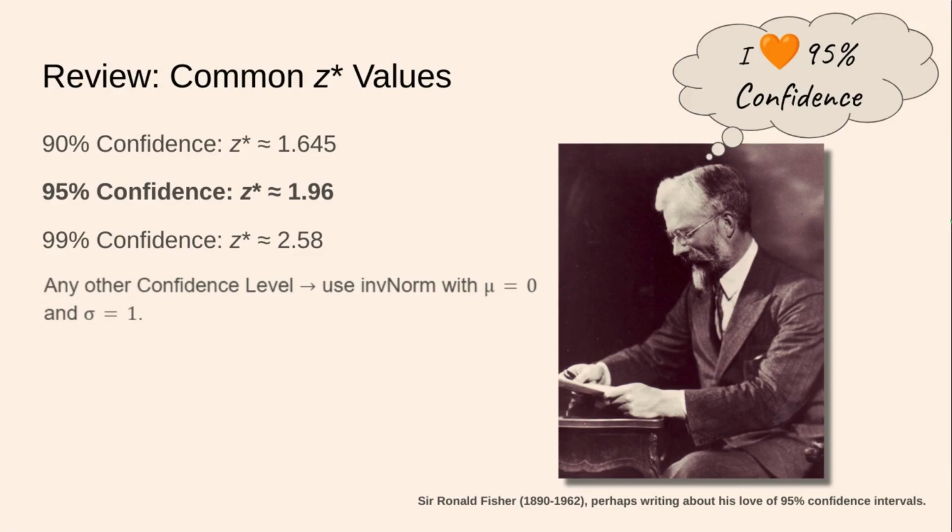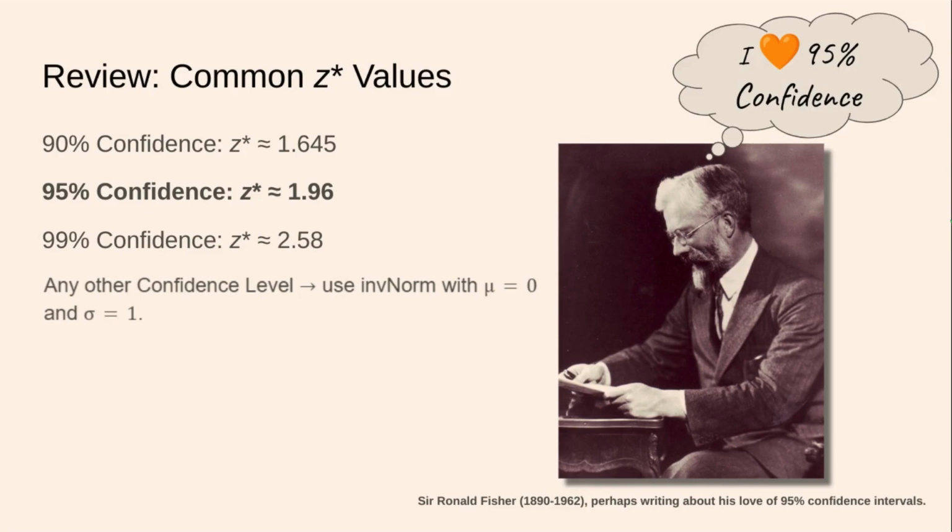All right, but I want to take a special note here of the 95% confidence interval. Z star is 1.96. 95% confidence is kind of sort of the gold standard for confidence levels for intervals that we use in statistics. And the reason for that, literally, and this is not the only time this kind of thing has happened in statistics, is because Sir Ronald Fisher, who famously put out a work called Design of Experiments, lived between 1890 and 1962.